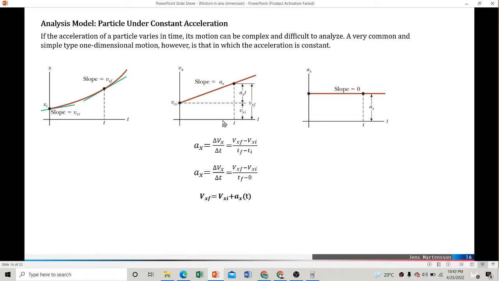Since our change in vx is equal to vx final minus the velocity initial, over t final minus t initial.